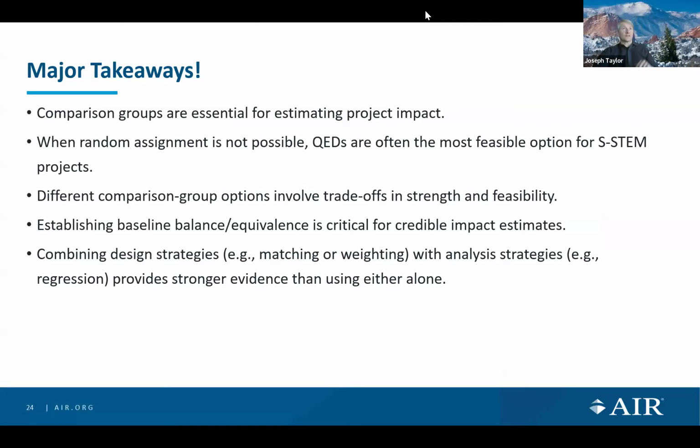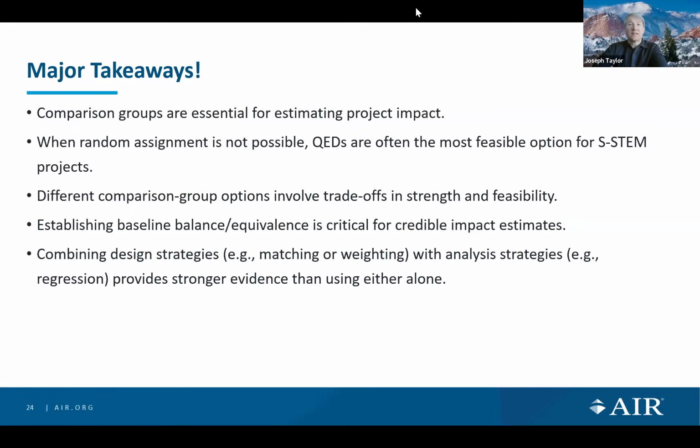Okay, time for a summary of some major takeaways. The first is that comparison groups are essential to estimating project impact with high confidence of a true causal effect. And when random assignment is not possible, which is often the case in S-STEM projects, quasi-experimental designs are often the most feasible and next strongest design.